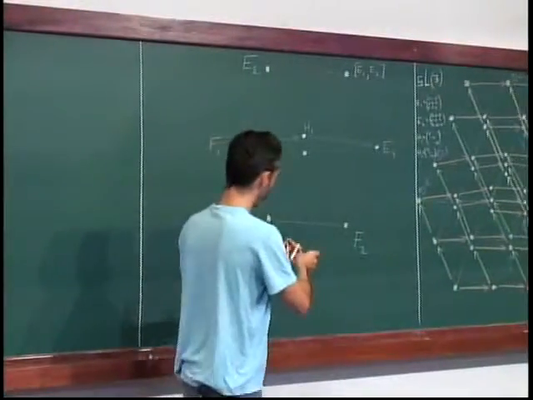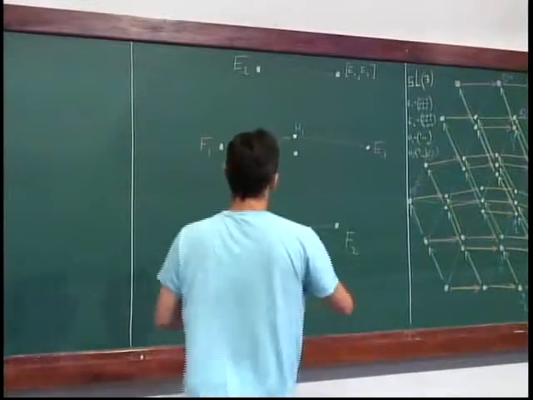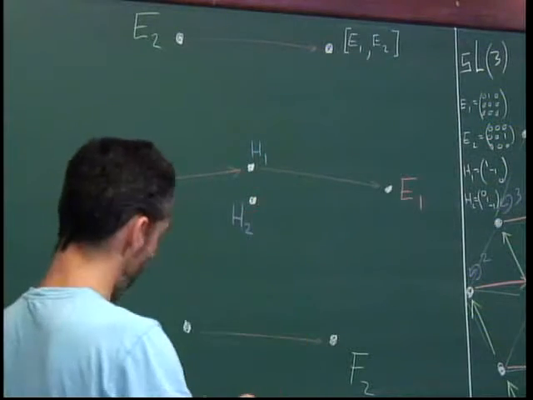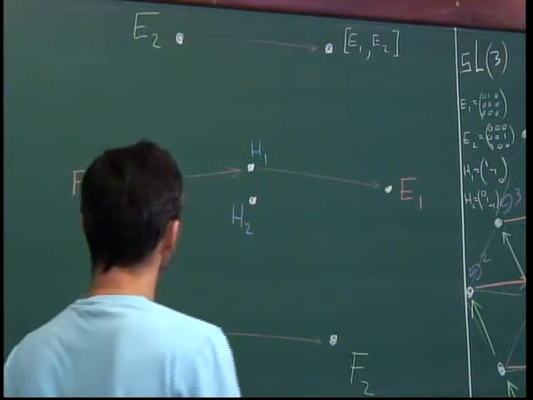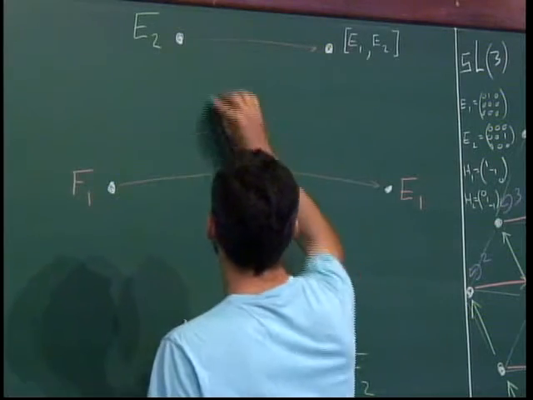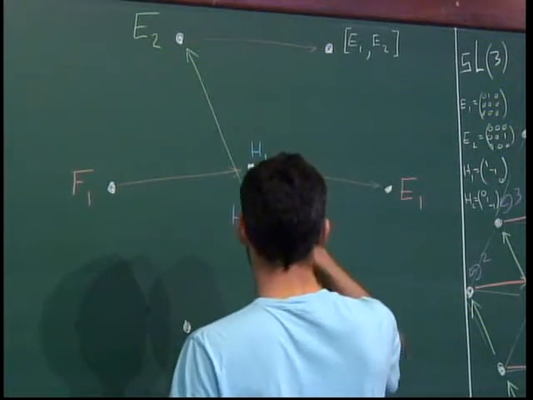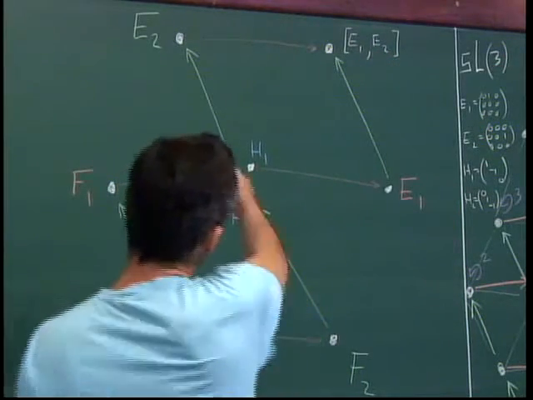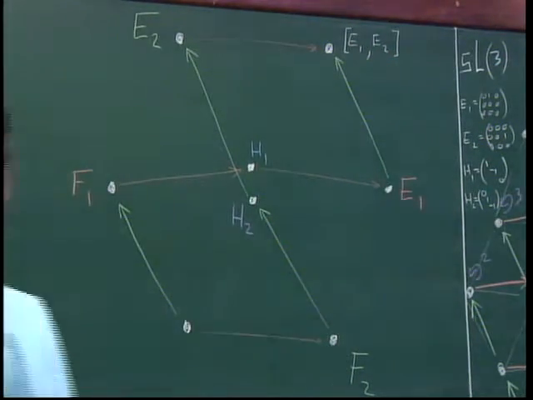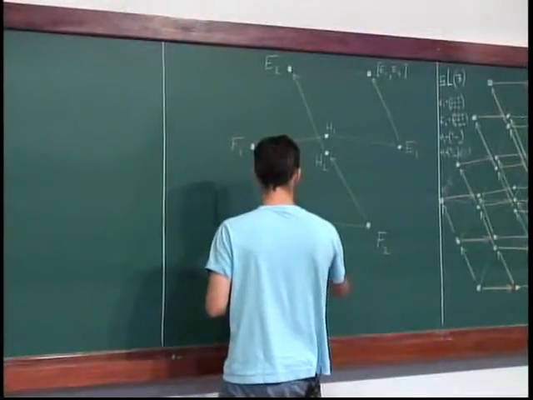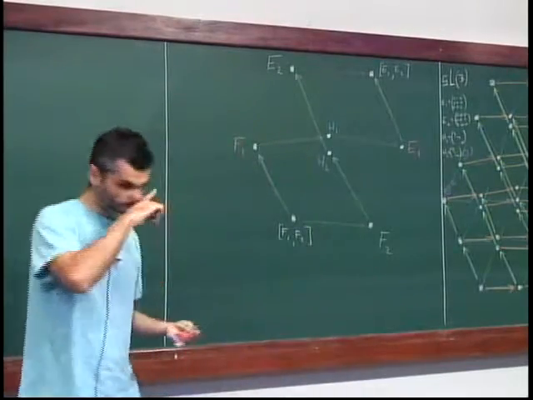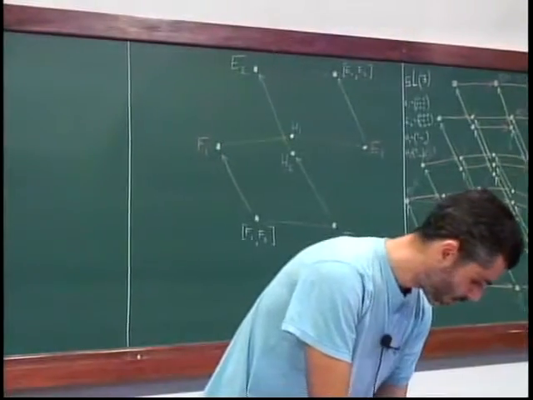Same thing for the collection H2, E2, F2. That also forms a subalgebra isomorphic to SL2. So E2 pushes this way. And down here we have, of course, F1, F2. And I'm not worrying about coefficients in this particular story.